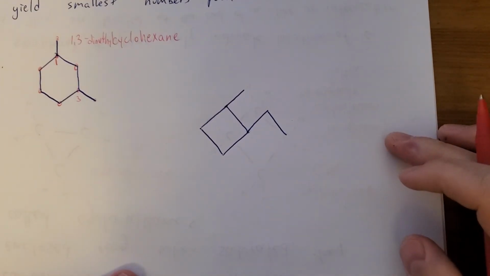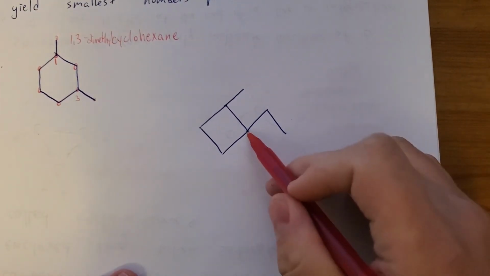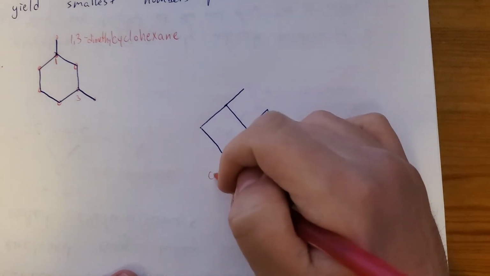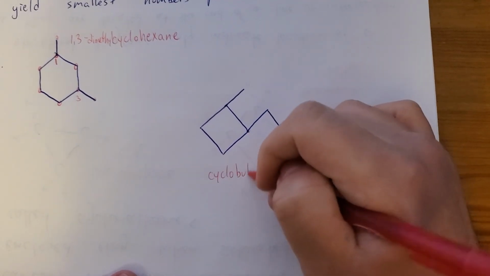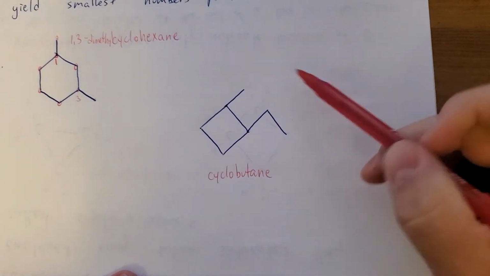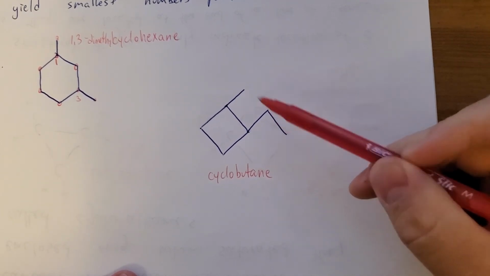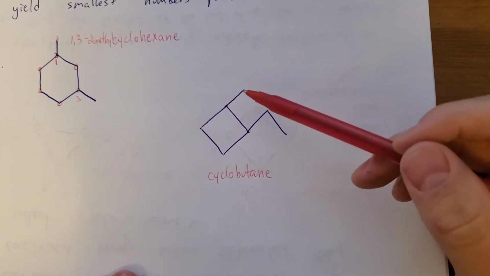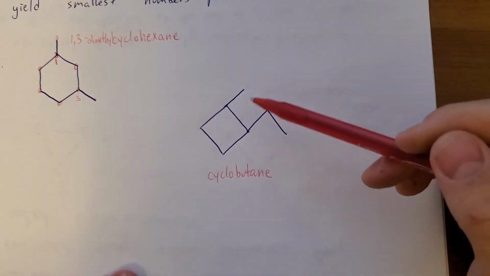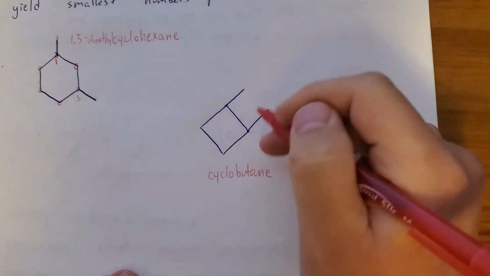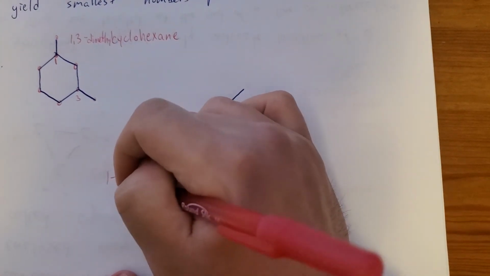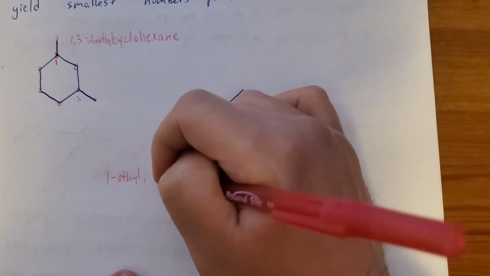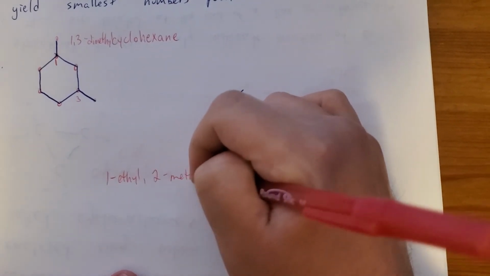Let's take a look at this one. We've got cyclobutane. There's a methyl and an ethyl, and they're at 1 and 2. Doesn't matter which one you start. Personally, I actually don't know the rules here, but I think it would be 1-ethyl, 2-methyl.